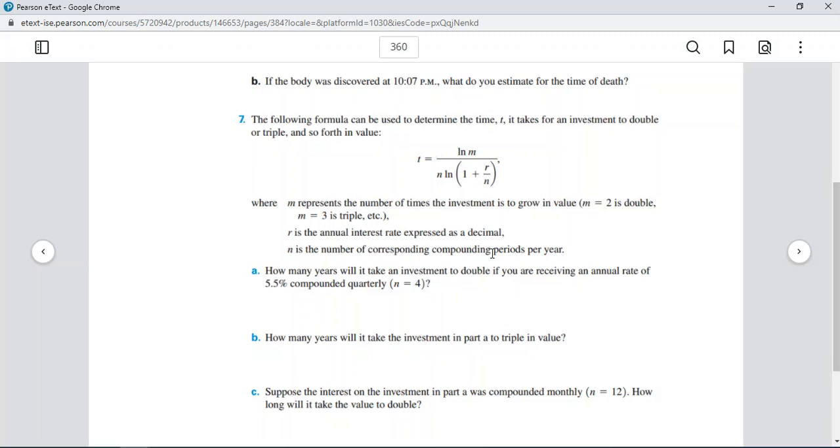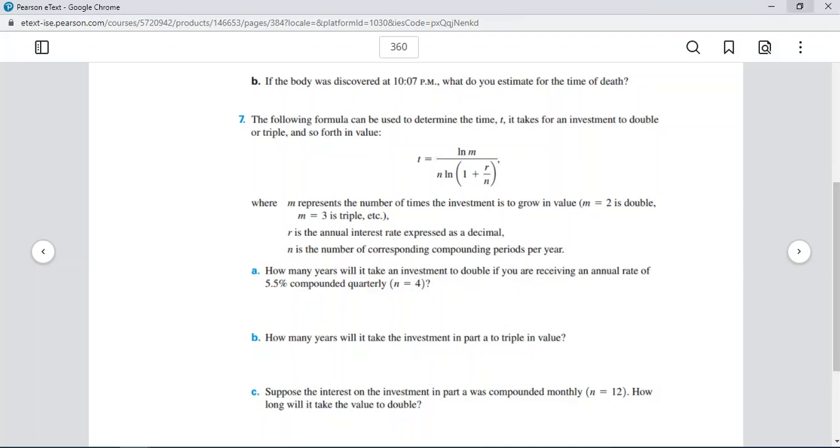M equals 2 is double, m equals 3 is triple, etc. R is the annual interest rate expressed as a decimal. N is the number of corresponding compounding periods per year. So A, how many years would it take an investment to double if you are receiving an annual rate of 5.5% compounded quarterly, where N equals 4?